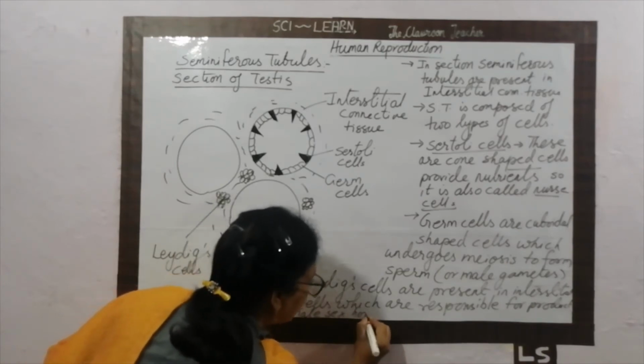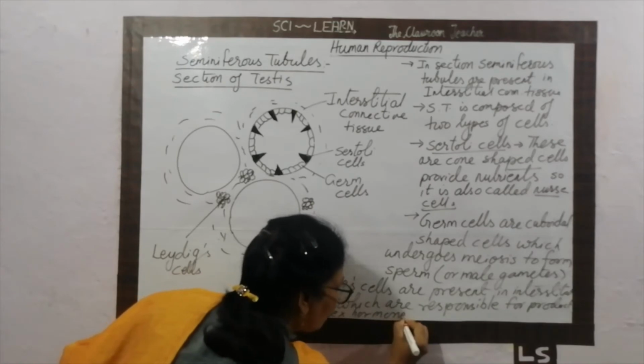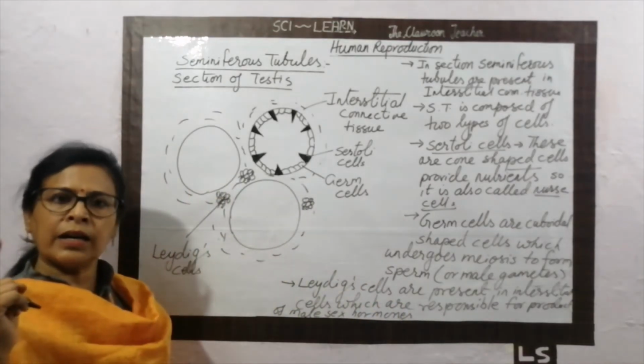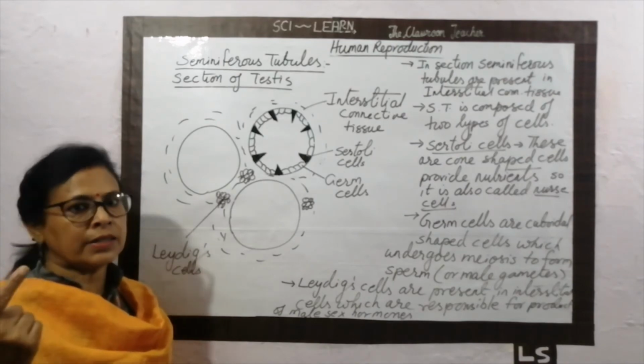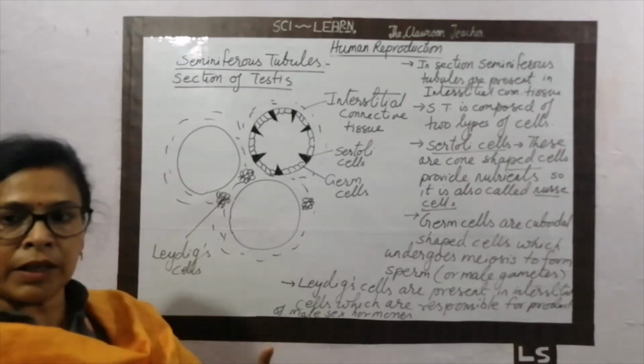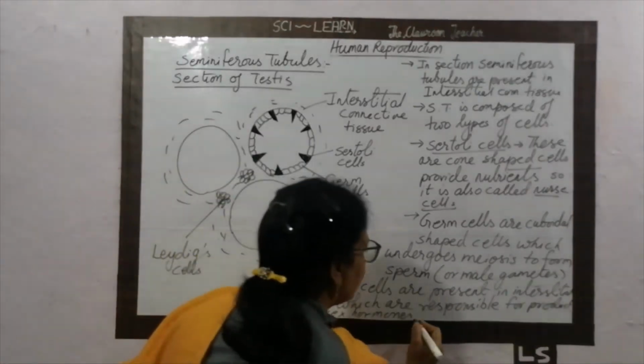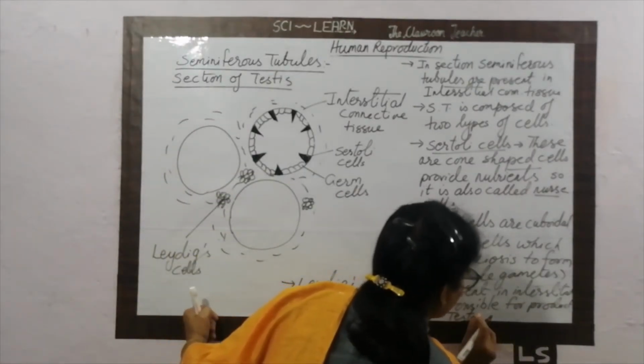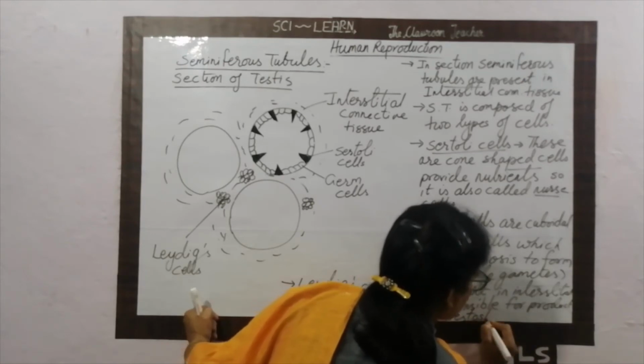As we know, the testis is the place for both the formation of sperm as well as the formation of the male sex hormone. And what is the name of the male sex hormone? That is testosterone.